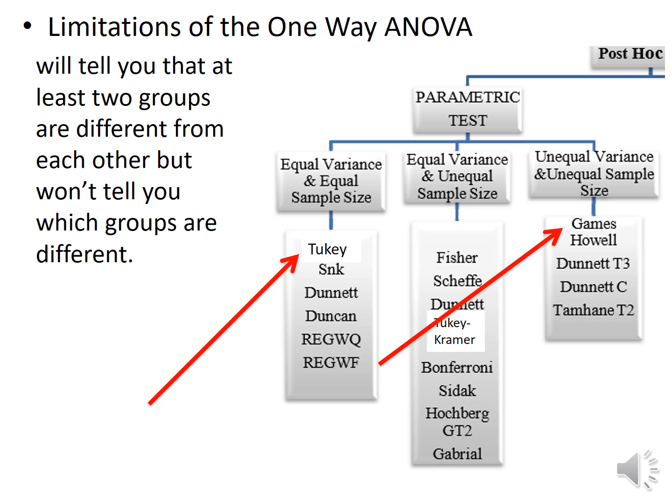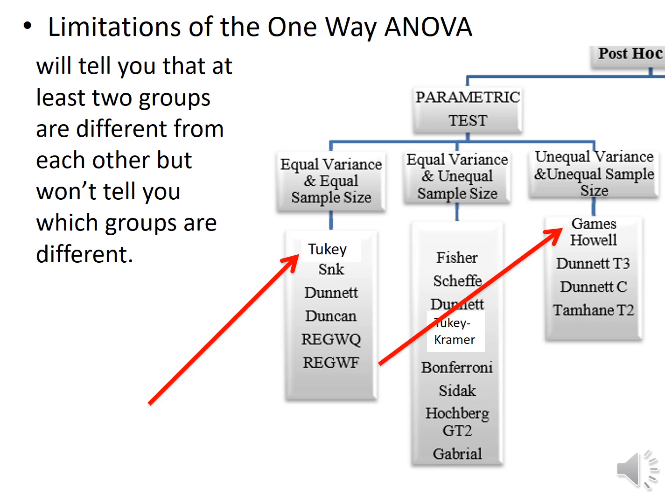And then they are drawn from one population, so they are assumed to have equal variance. So if that is your scenario, then you can select from these post hoc tests. Usually it's Tukey that's being used.